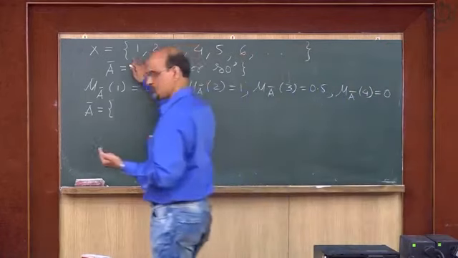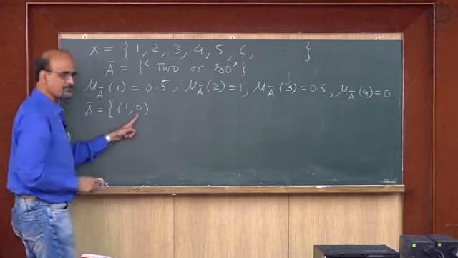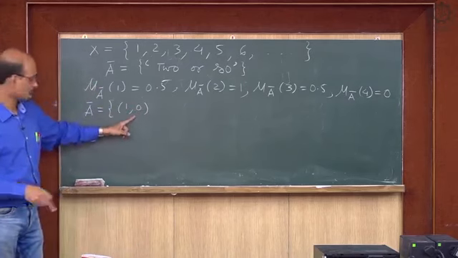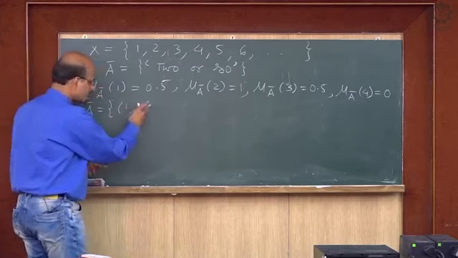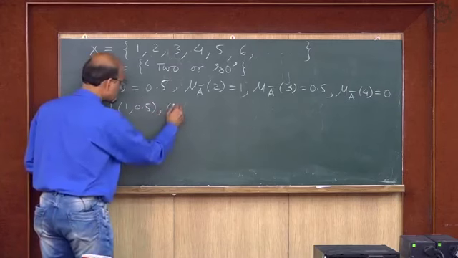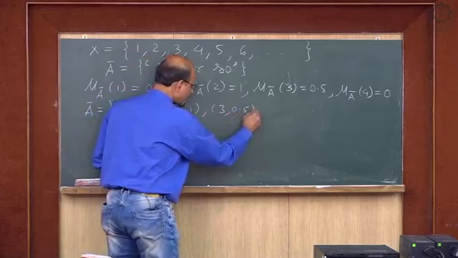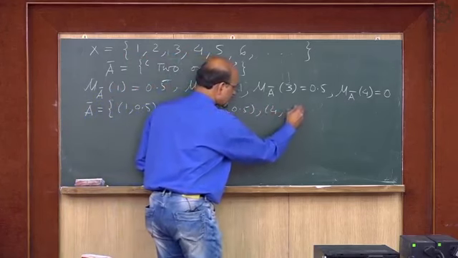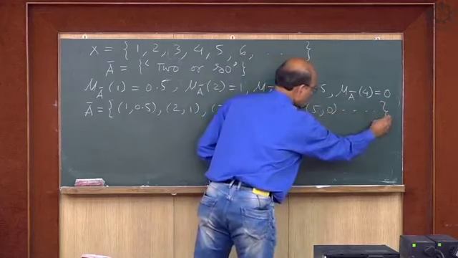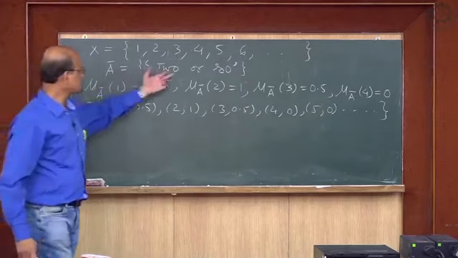So, for 1, I will have (1, 0.5), similarly (2, 1), (3, 0.5), (4, 0), like that (5, 0). So, this is the fuzzy set that you will get for this "2 or so".